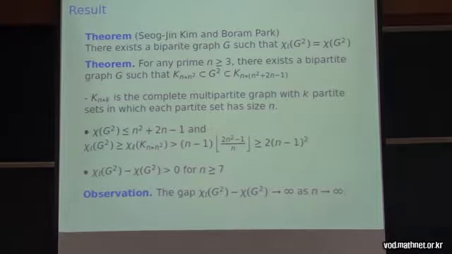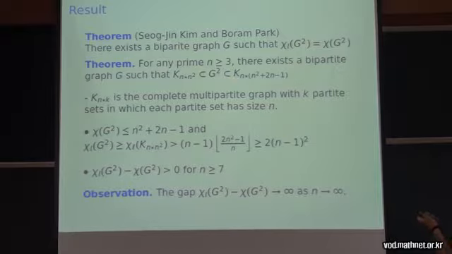And then, luckily, we discovered another bad guy. We discovered that G squared is between these two graphs.